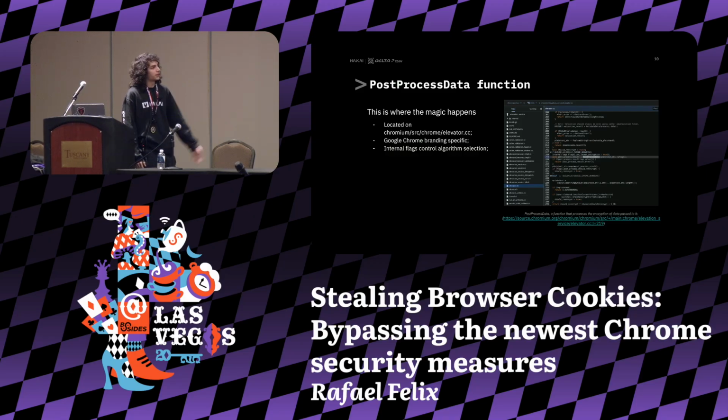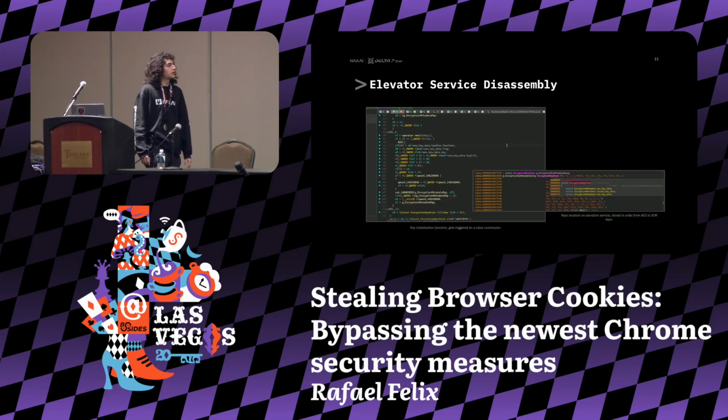Since Chromium is open source, you can see it there, but it has a flag called Chrome-specific branding, and unfortunately we can't see the contents of that function because it's an internally implemented function. But yeah, this function does all the state key encryption on top of the AppBound.